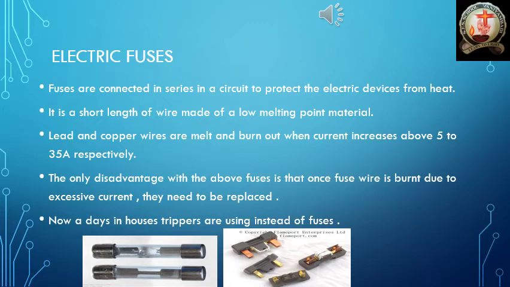Once more current flows through the fuse, that fuse will burn out. Once the fuse is spoiled, what should we do? We have to replace it with another fuse. That is the disadvantage of fuses.